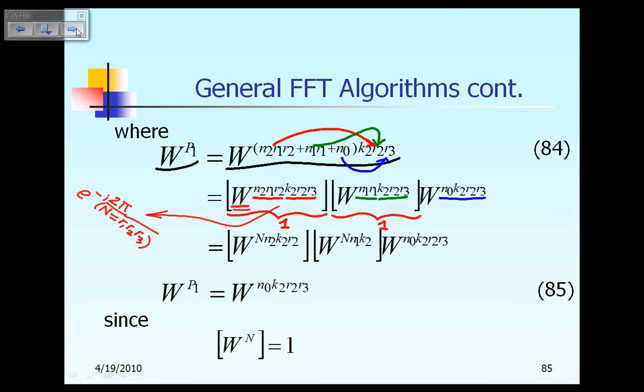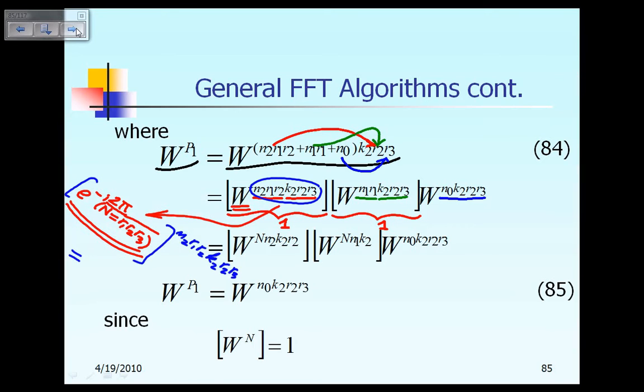So that is the definition of W. If you take that definition of W and then you raise it to this power, that definition raised to the power of the same thing, which is N2 R1 R2 R1 R2 times K2 R2 R3 K2 R2 R3, then you will see it turn out to be equal to this.